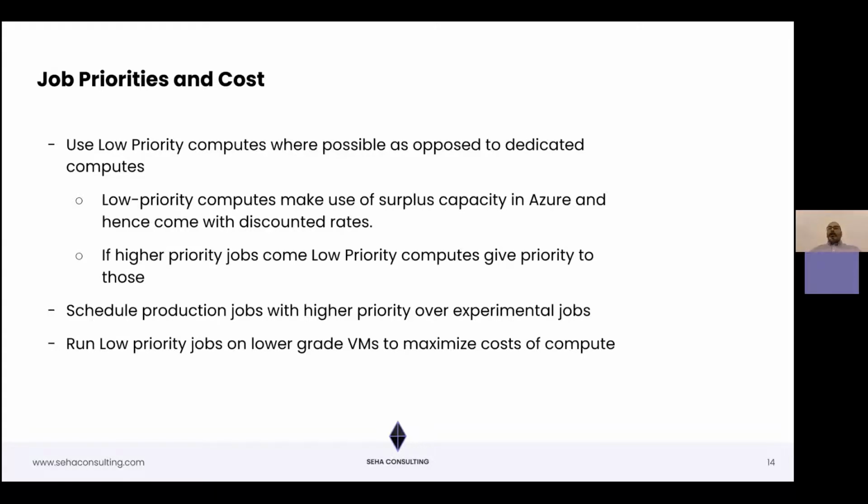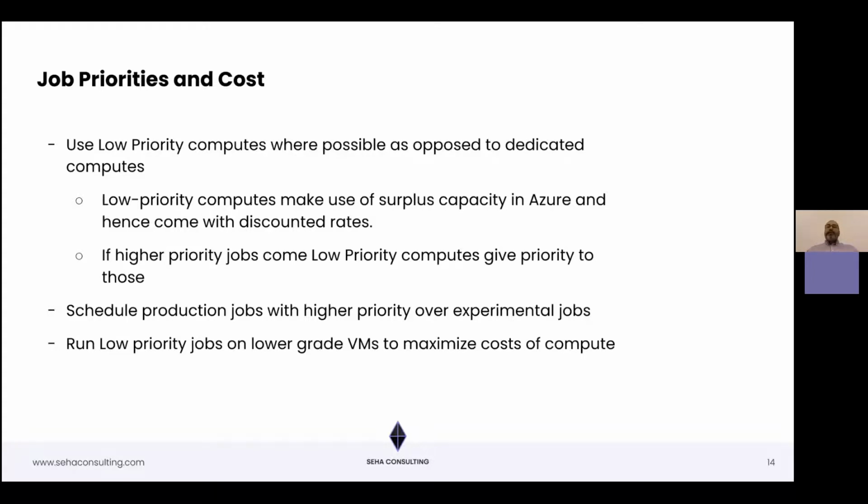The typical rule for leveraging low priority VMs is that when you're scheduling production jobs, you probably want to do it on your dedicated computes.